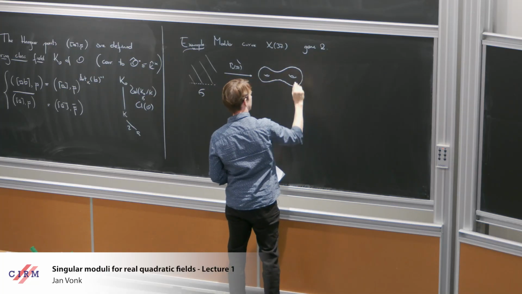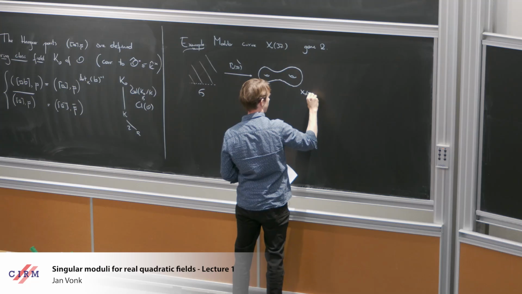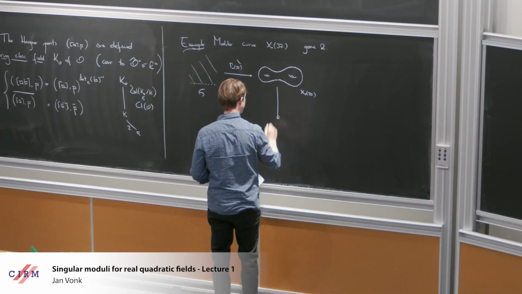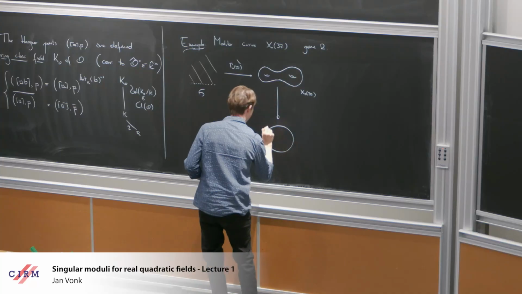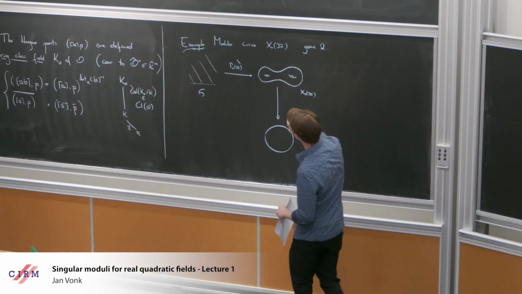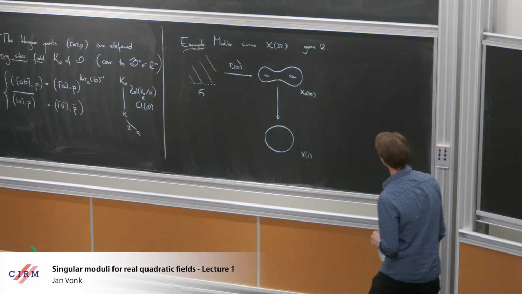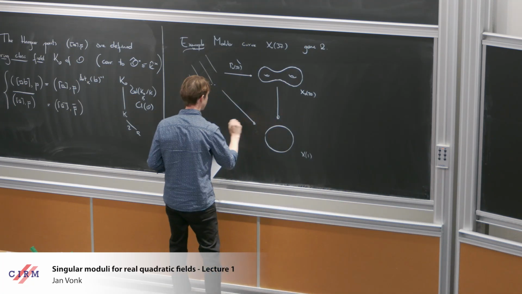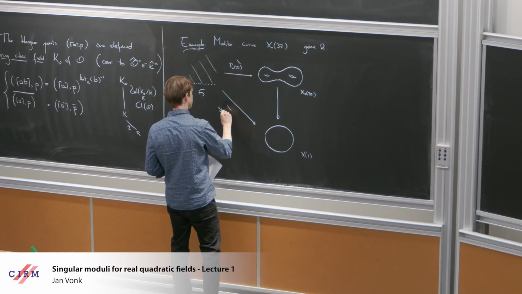That's what I call X0 of 37 here. And of course, X0 of 37 sits over X of 1. That's this covering described by the modular polynomials. And of course, this map is just taking the quotient by SL2Z.